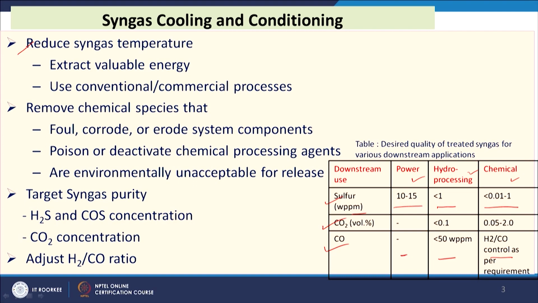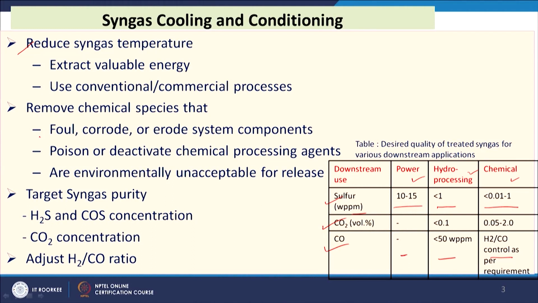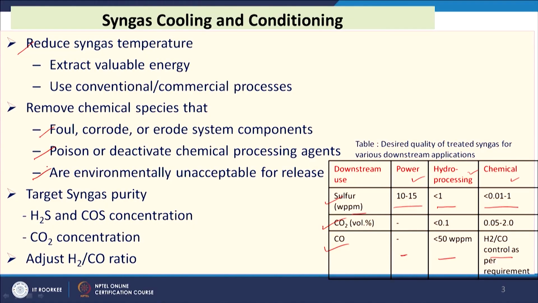During cooling we need to reduce the syngas temperature and extract the valuable energy from it, and chemicals are removed which can foul, corrode or erode system components, or which can poison or deactivate chemical processing agents or are environmentally unacceptable.